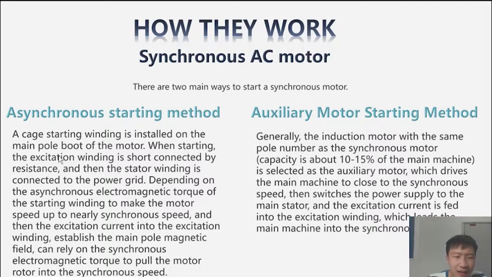When starting, the excitation winding is short-connected by a resistance, and then the stator winding is connected to the power grid. Depending on the asynchronous electromagnetic torque of the starting winding, the motor speeds up to nearly synchronous speed, and then the excitation current is fed into the excitation winding.